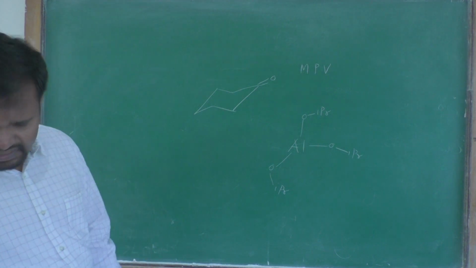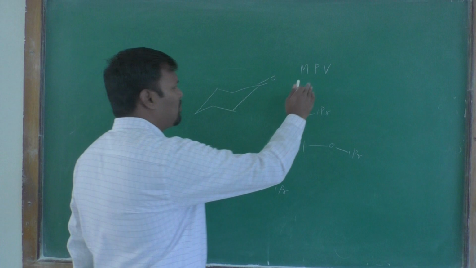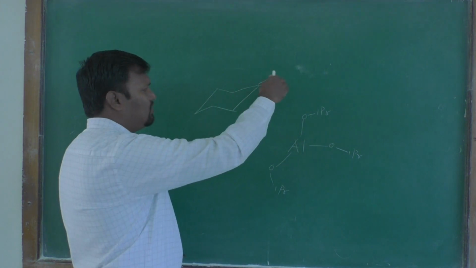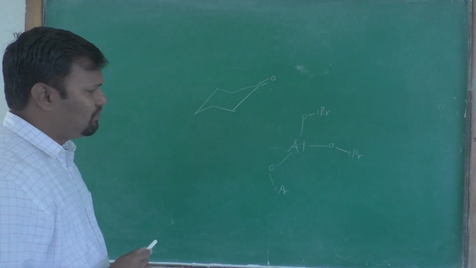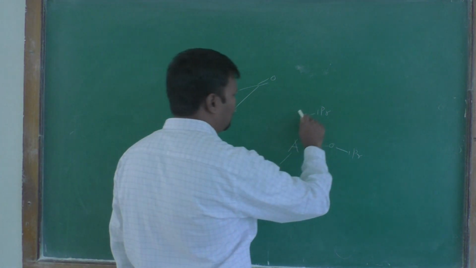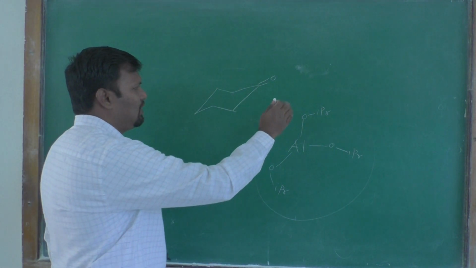In this case also, this is our catalyst, and it approaches from the less hindered side. Because our catalyst is a big catalyst, it approaches from the less hindered side.